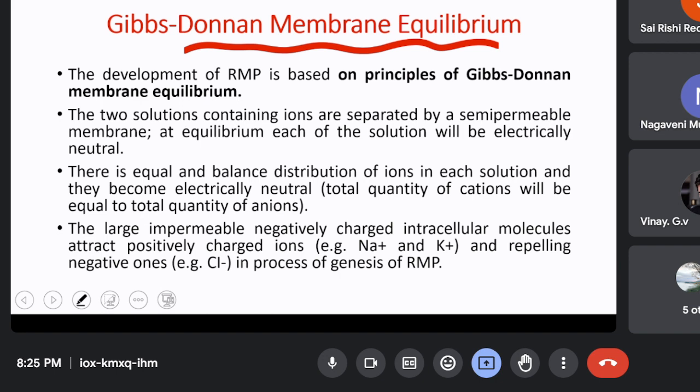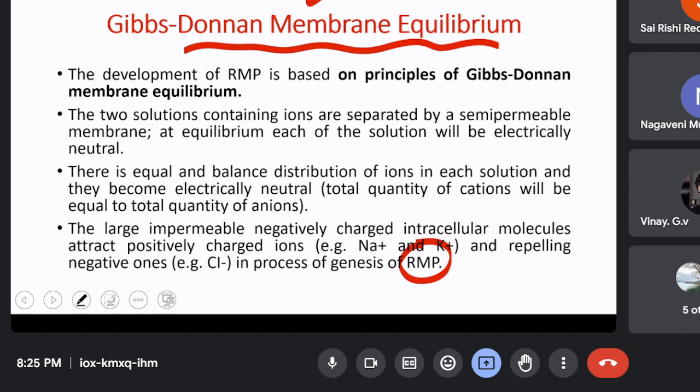Those are the non-diffusible ions which influence the diffusibility of diffusible ions, so that there is an unequal distribution of ions on either side, resulting in membrane potential. And this Donnan membrane equilibrium results in what we call the generation of resting membrane potential.